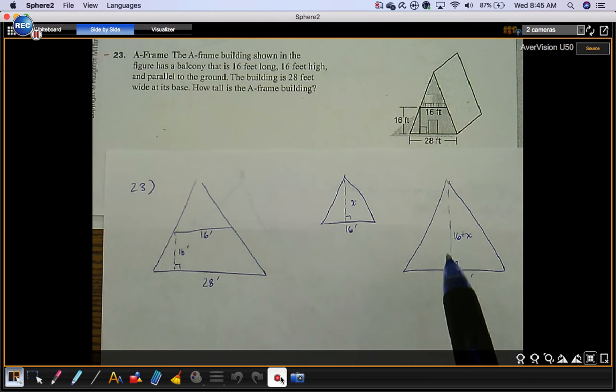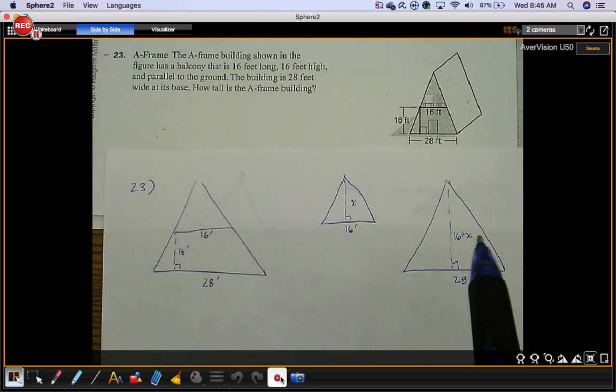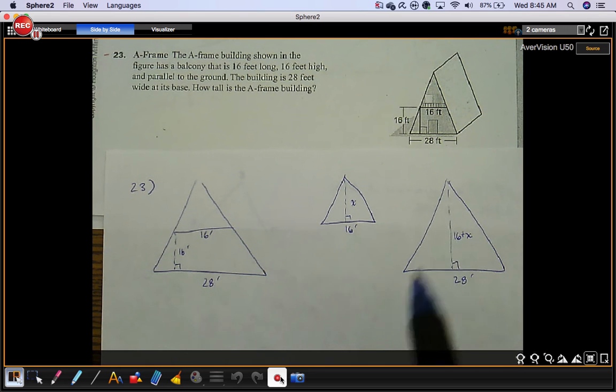Here's the key to the whole problem. This is the height that you want. But if you introduce a new variable, you're not going to be able to solve for x. So what you call it instead is you already know that this piece of it is 16 feet. So up to here-ish is 16 feet. Then you have that other piece that's x. So call this 16 plus x.